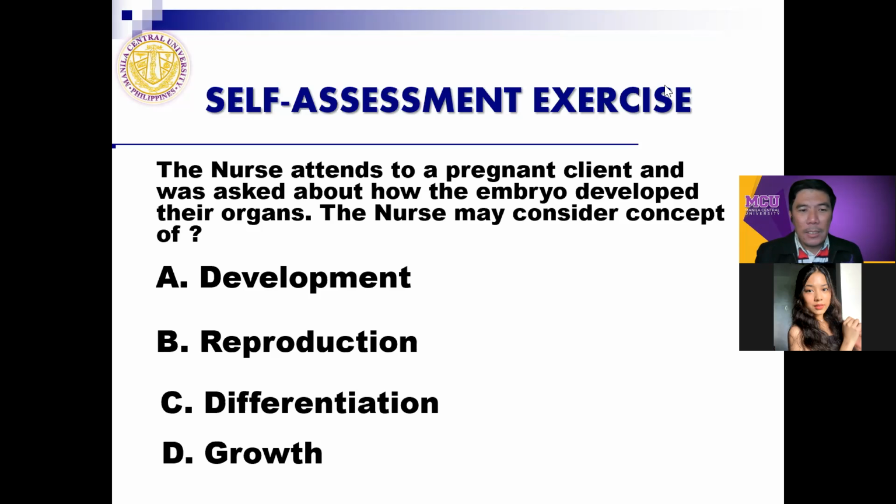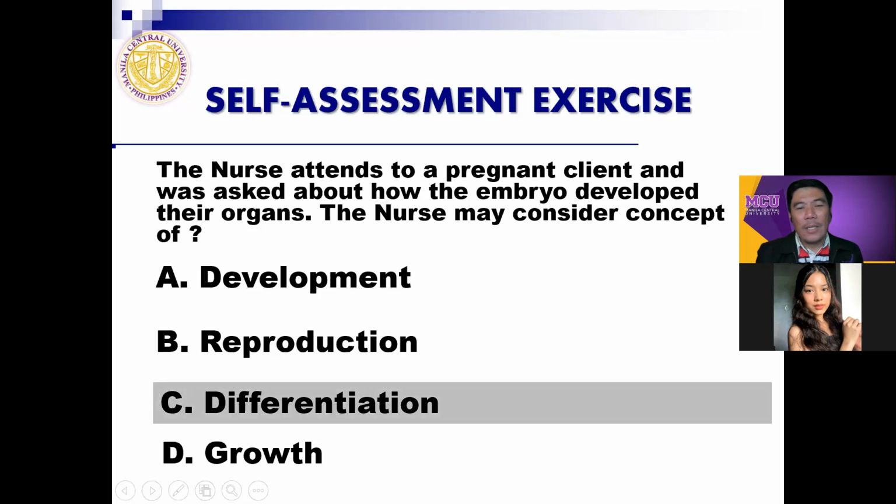The answer is differentiation because, as I have told you, when a zygote from the embryo continuously develops the other organs of the body, it is through the cells that compose a tissue to facilitate another organ. So that's why differentiation is from generalized.